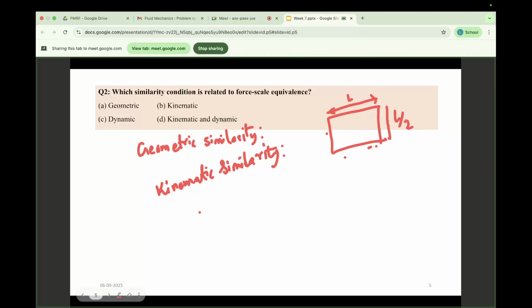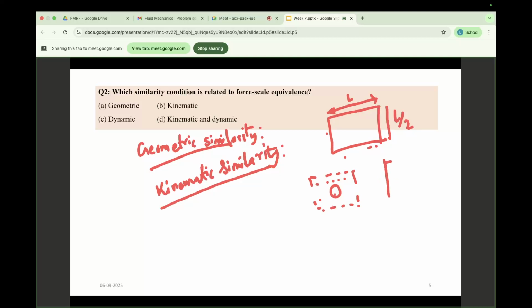In kinematic similarity, basically the motions are kept the same. Motion kept the same means the velocity profile is kept the same, not exactly the velocity. Say a particle experiences some force in a domain, so it has some velocity and acceleration. This velocity and acceleration must be proportional if the system is enlarged.